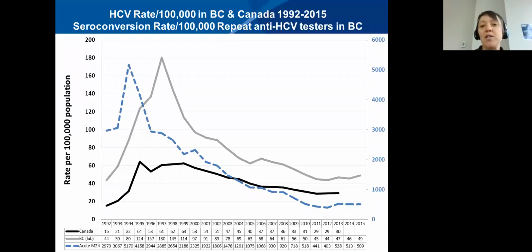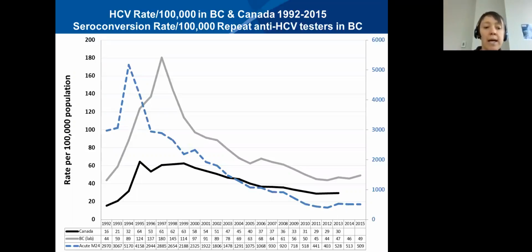Okay, so as you might all know, hepatitis C is a major global public health issue. In Canada, it's estimated that about 1.5% of Canadians live with this disease, and about 1% in BC. This graph shows the trends of hepatitis C in Canada and BC.